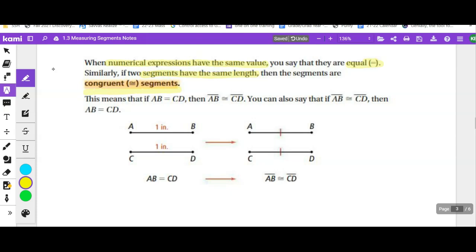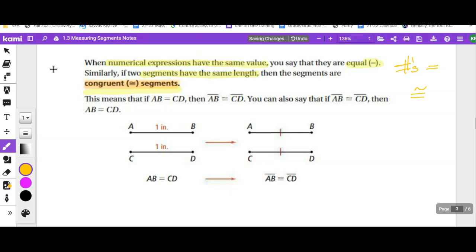So whenever we're talking about numerical values like AB in this case equals 1, so whenever we're talking about the length or numbers, we're going to use the equal sign. When we're talking about the line segment or a diagram, then that is congruent. And it's a little wave over an equal sign.